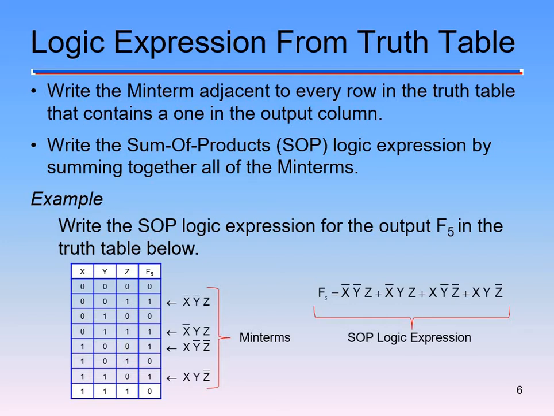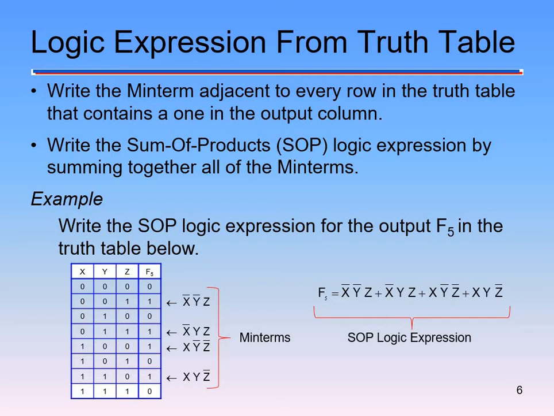Based on all the minterms, we write a sum of products, because the terms within each minterm are multiplied together, or ANDed together, as we should say. Then we take all of the minterms and add them up, or OR them all together.